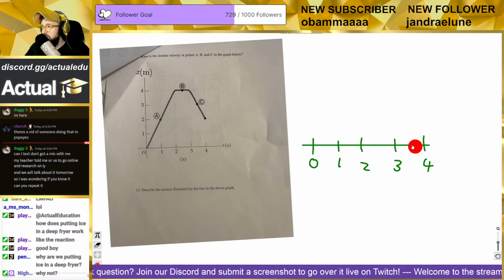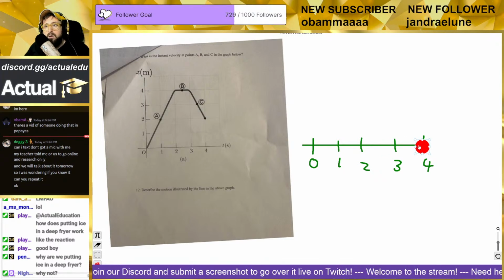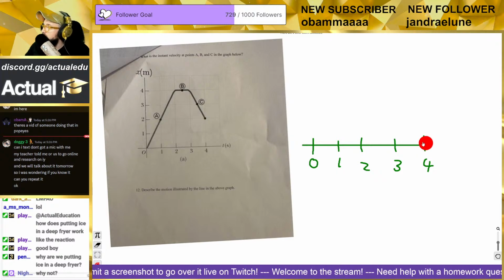After 2 seconds, it's moved here. And then in between 2 seconds and 3 seconds, it just chills, so it doesn't go anywhere. And then from 3 to 4 seconds, it moves back to 2. So really, it hangs out here, and then it does that. That's what the motion of it is, okay?